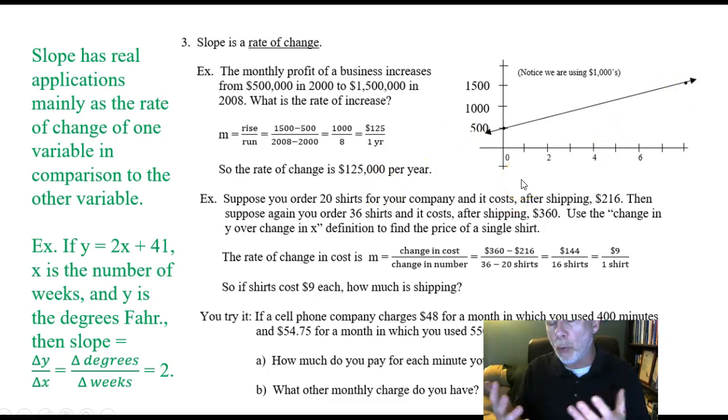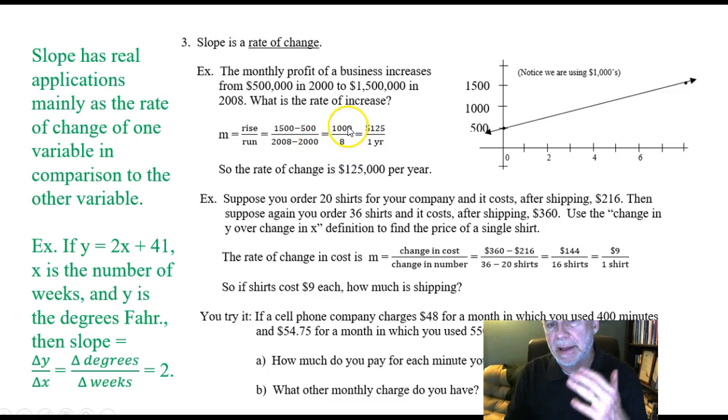Now, the slope is the rise over the run, and you could subtract the y values, 1,500 minus 500, and you get 1,000 thousands. I'm sorry, 1,000, but we're talking in thousands, so it would really be a million. And then divided by 2008 minus 2000, which is 8.